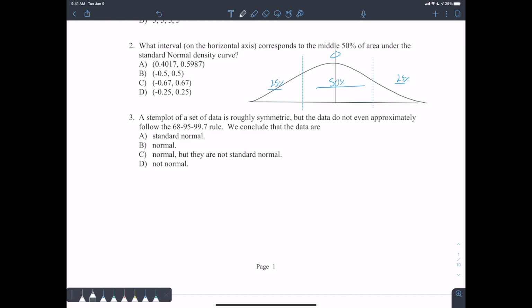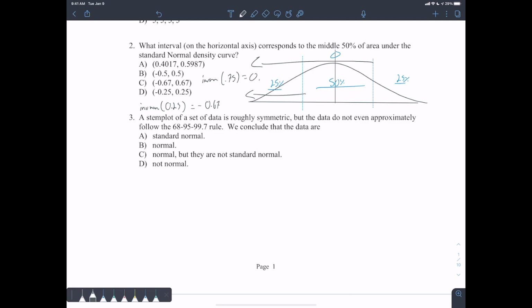So in this case, it's just going to be inverse norm of 0.25, which is going to give you negative 0.67, and then inverse norm of 0.75 because that's 75% of the data, and then 25% of the data.